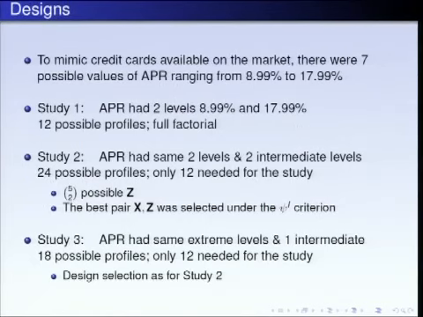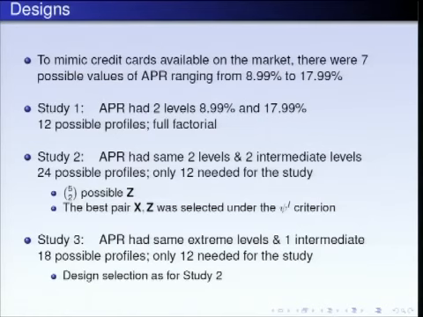And here are some details about the design. Looking around to see what was on offer, the credit cards available on the market, there were 7 interest rates, ranging from 8.99% to 17.99% at that time. In study 1, we were just going to use the extreme levels of interest rate, plus the 2 providers and the 3 different reward levels.